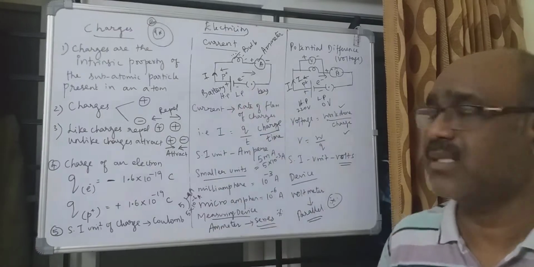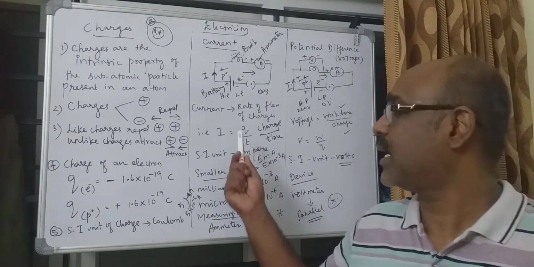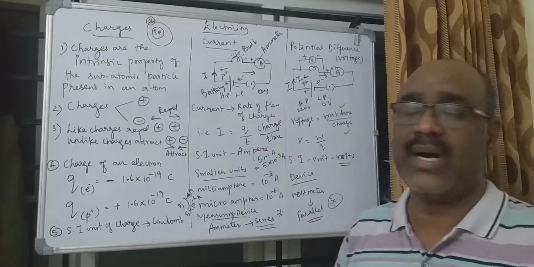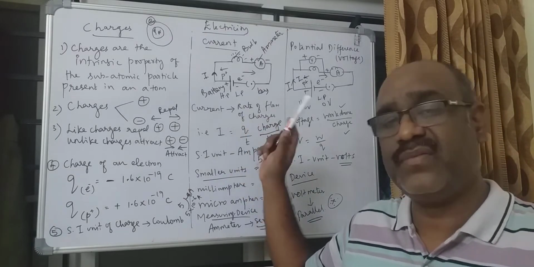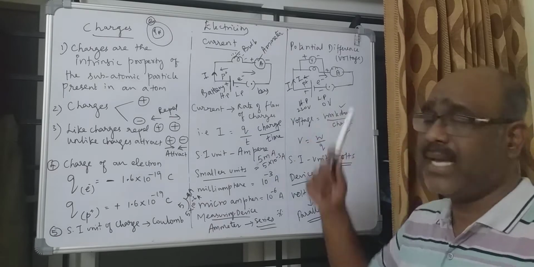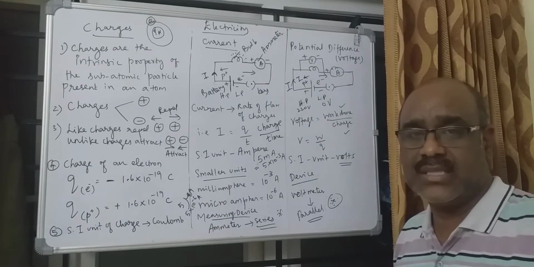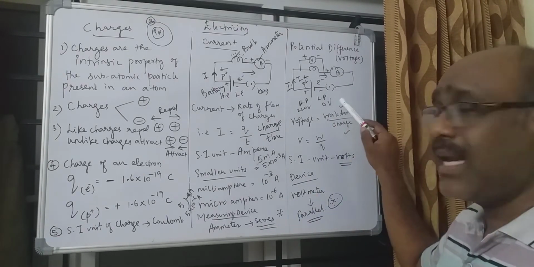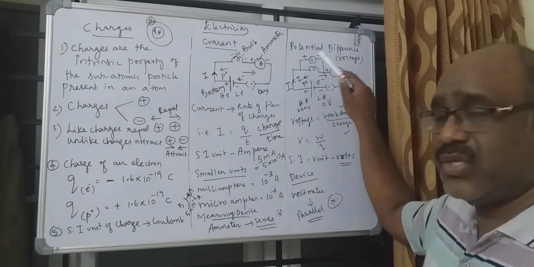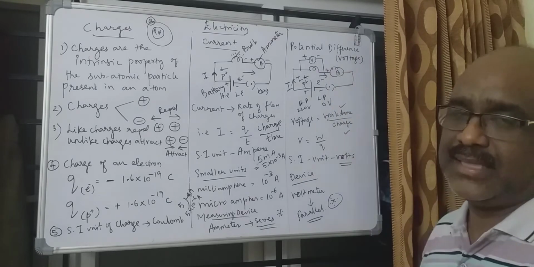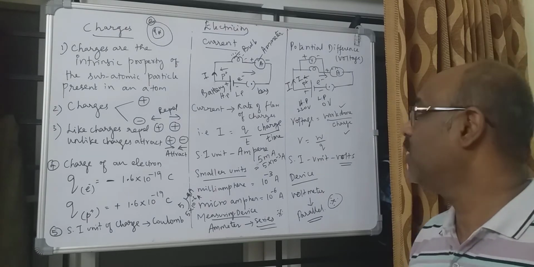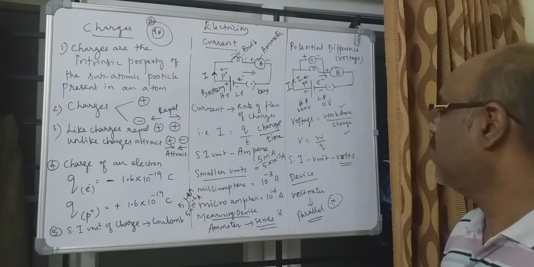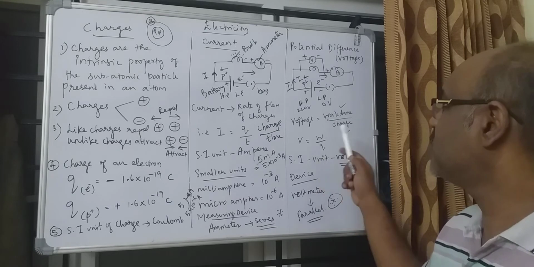All these basic things we should know, and the formula for current is I is equal to Q divided by T. It is nothing but the rate of flow of charges. Voltage or potential difference is nothing but the work done to move the charge from one end to the other end. And the SI unit for voltage is volts.